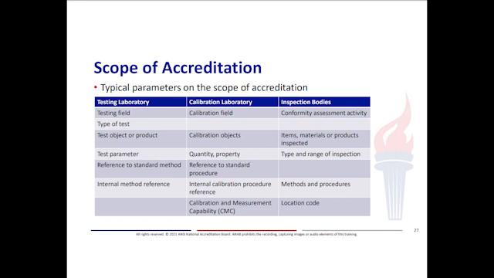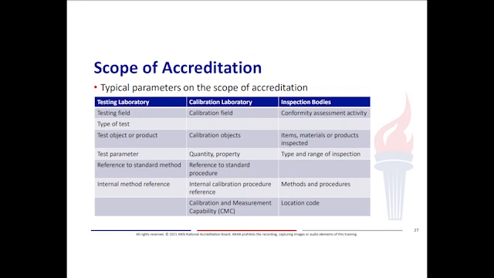Now, with inspection bodies, what we define is the conformity assessment activity, what type of inspection is going to take place. Then we define the items, materials, products, and services to be inspected, the range of inspection, and the methods and procedures. One of the other things clearly defined is the location where the inspection is taking place.